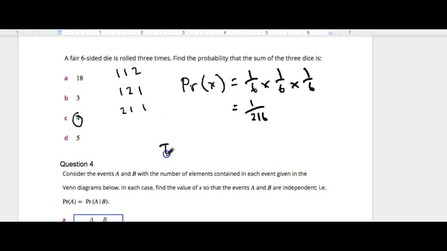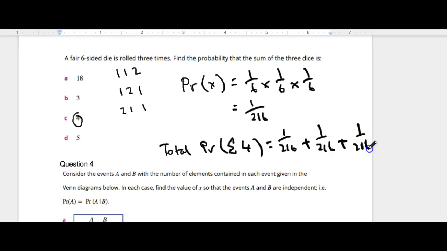So your total probability of a sum of 4, let's use proper notation, is 1 over 216 plus 1 over 216 plus 1 over 216, because each of these is 1 over 216, which is 3 over 216.